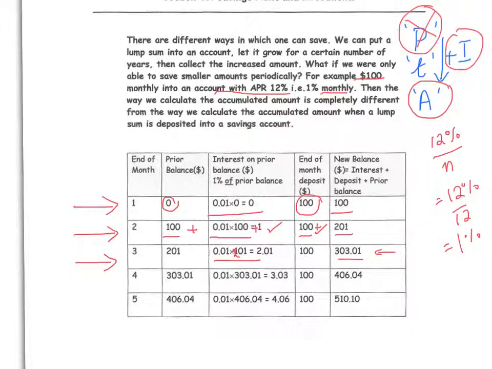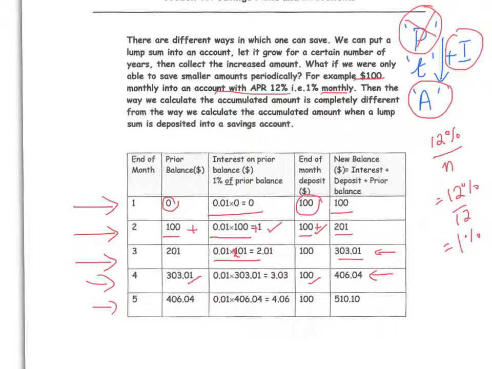So now you get the idea. Every month we calculate the interest on the prior balance, and at the end of the month, $100 gets added on. So the interest plus the prior balance plus the $100 gives us the total amount of money in the account at the end of the fourth month. And similarly, we can keep going on and on.